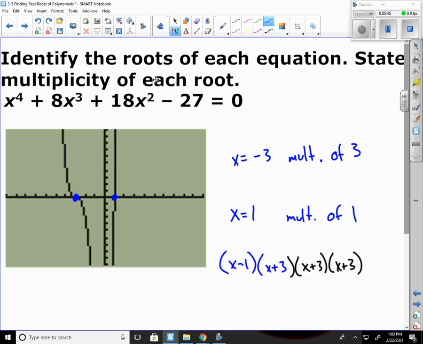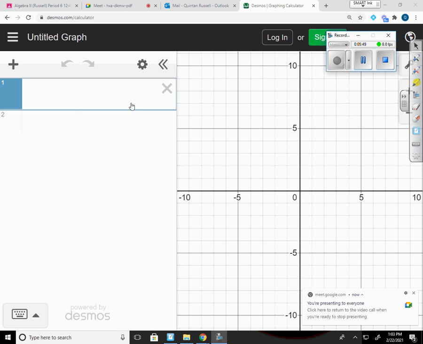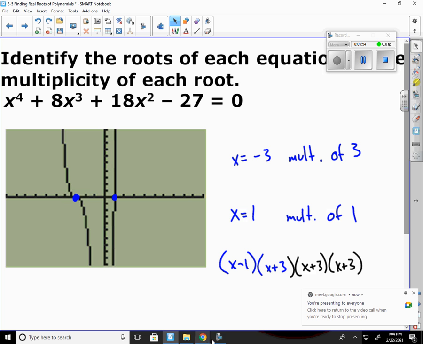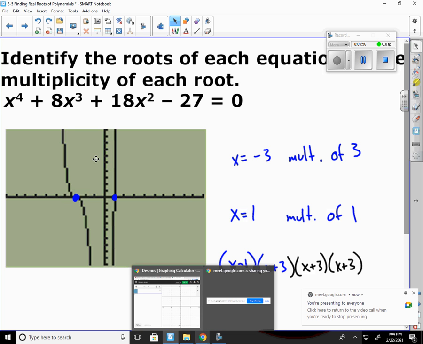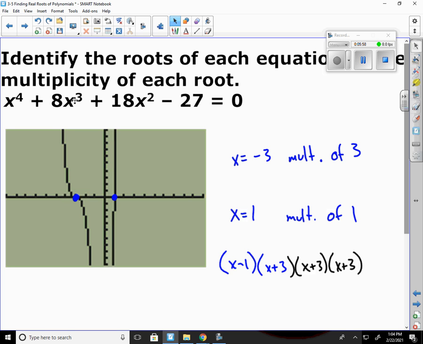An easy way to check to see if you got your multiplicity right would be to go to Desmos. So when I go to Desmos now, if I enter my original equation in, x to the 4th plus 8x cubed plus 18x squared minus 27.